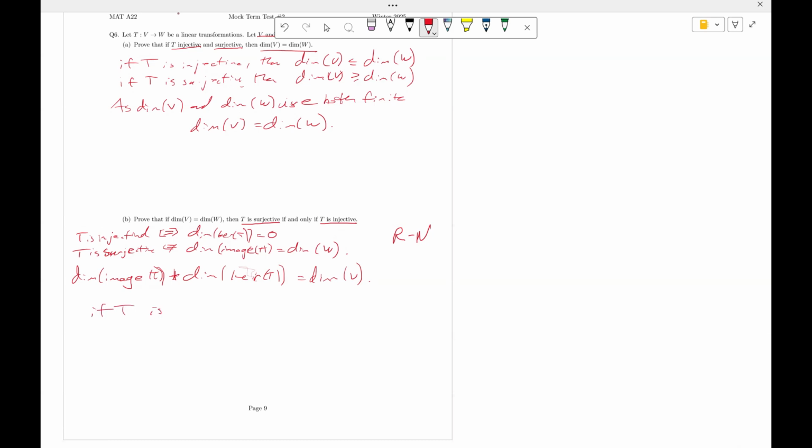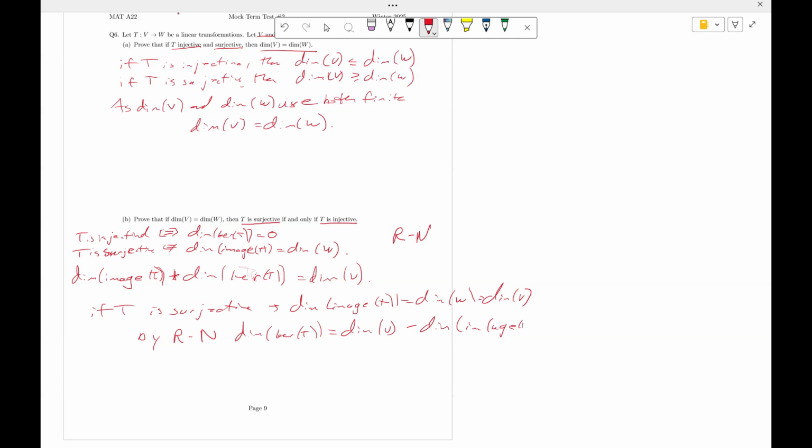If T is surjective, then the dimension of the image of T equals the dimension of W, which equals the dimension of V. By rank-nullity, the dimension of the kernel of T equals the dimension of V minus the dimension of the image of T, which equals the dimension of V minus the dimension of V, which equals 0.